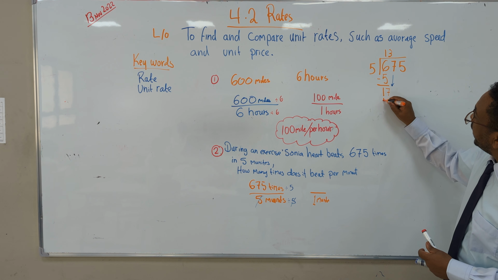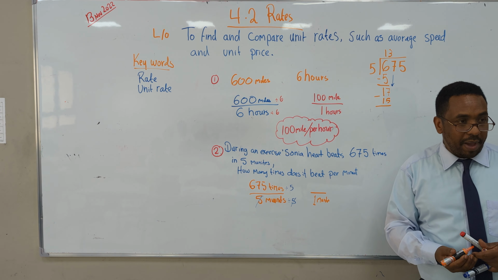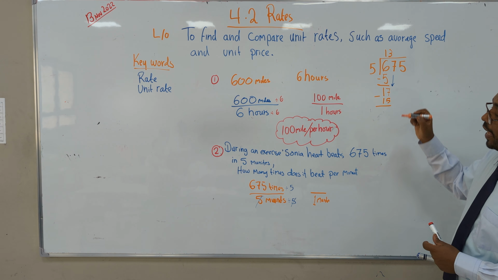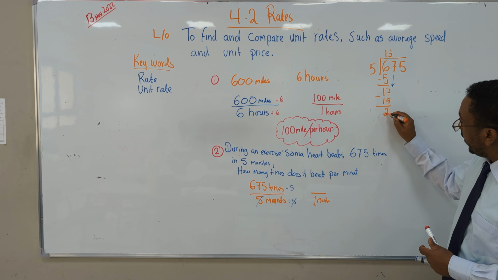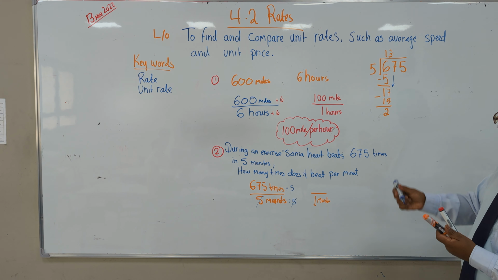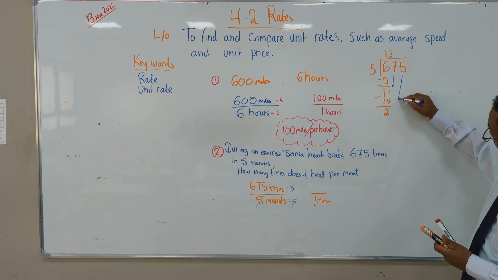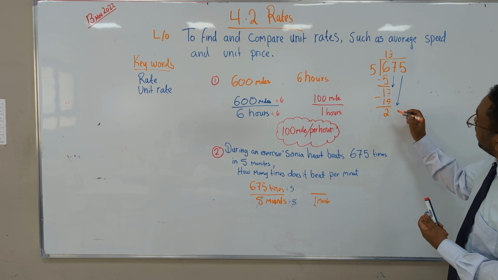So we put 15 here. And then again, we minus it. What is 17 take away 15? 2. We put the 2 here now. Now the last one we need to bring down is the 5. So the 5 will go here. So now we have 25.